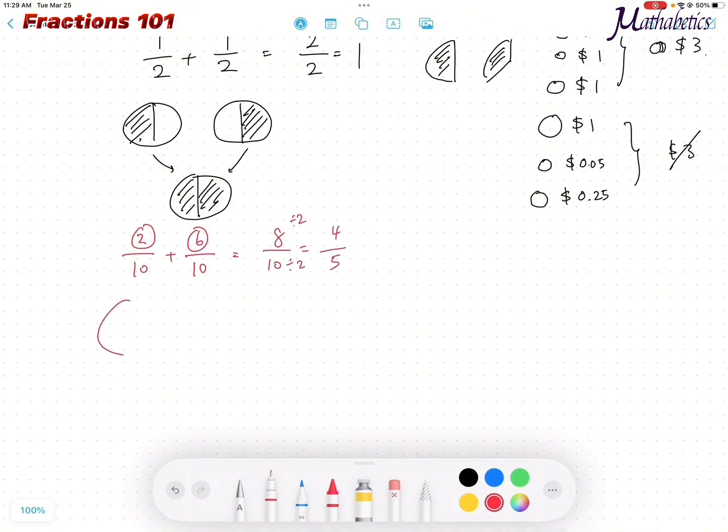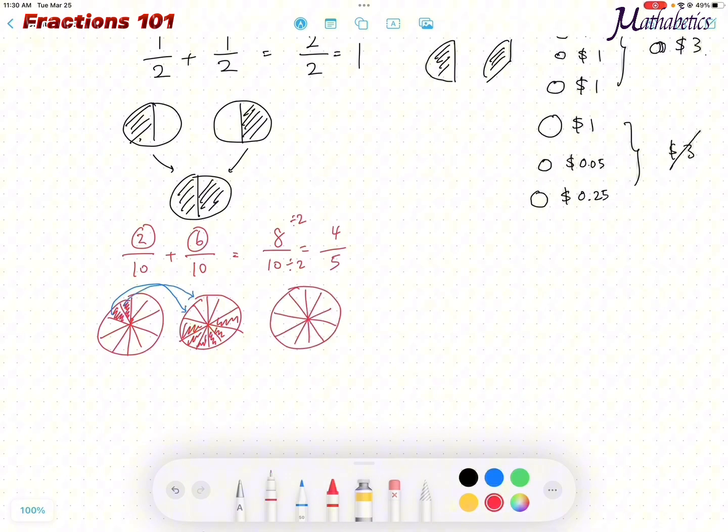Now, if we were to draw this, I have 10. Okay, so 2/10, we want 2 pieces. And then we have a 6 here, 1, 2, 3, 4, 5, 6. So if we add these up, we can just simply bring these 2 over here, and we'll get 1, 2, 3, 4, 5, 6, 7, 8.